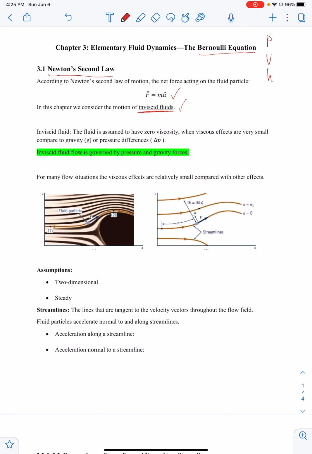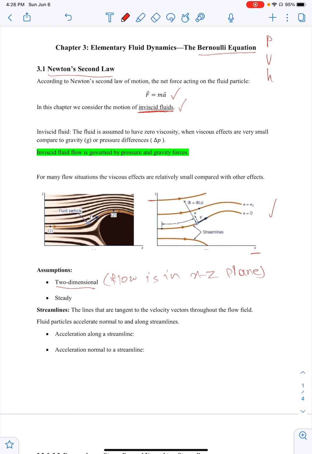So if we look at this picture right here, and we want to apply Newton's second law to a fluid or any other object, we must define an appropriate coordinate system in which to describe the motion. Here we are considering that the flow is a two-dimensional flow in the XZ plane.